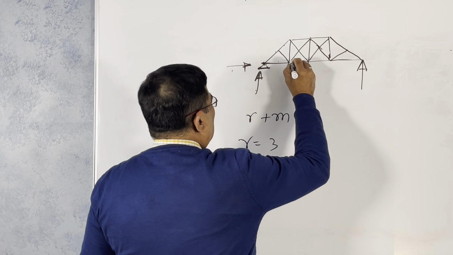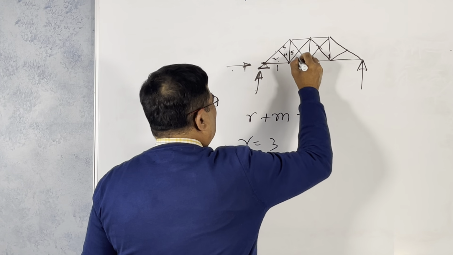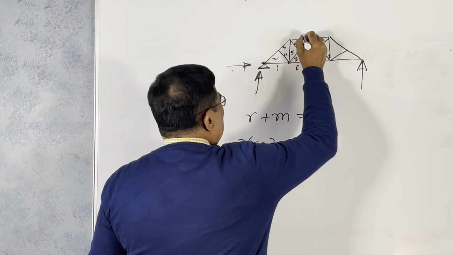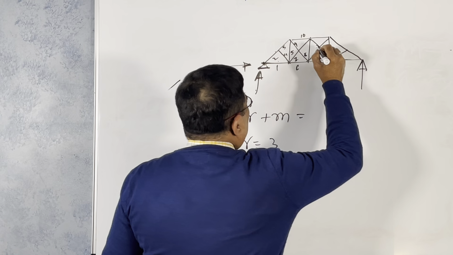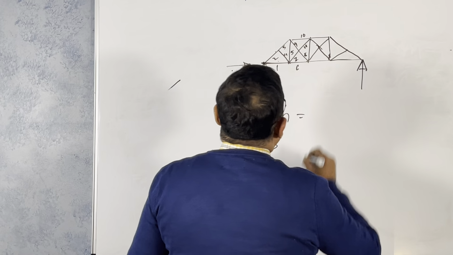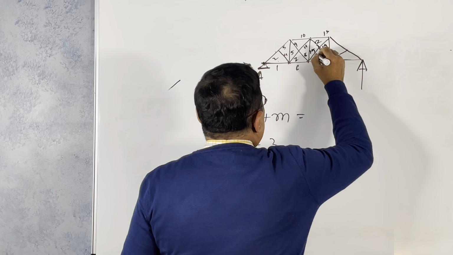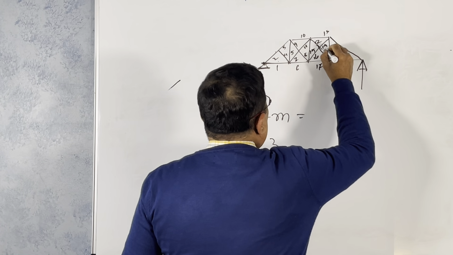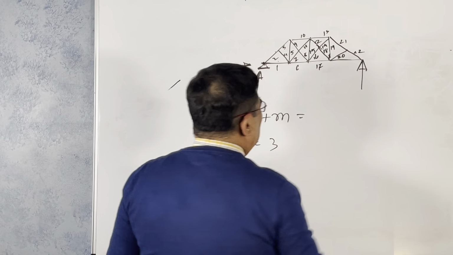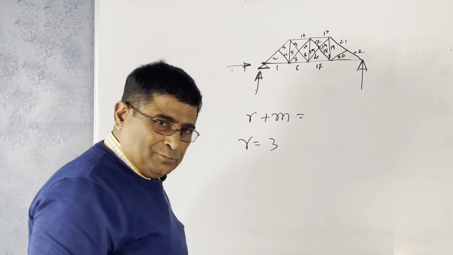1, 2, 3, 4, 5, 6, 7, 8, 9, 10, 11, 12, 13, 14, 15, 16, 17, 18, 19, 20, 21, 22. You may find more, but let us say it is 22.